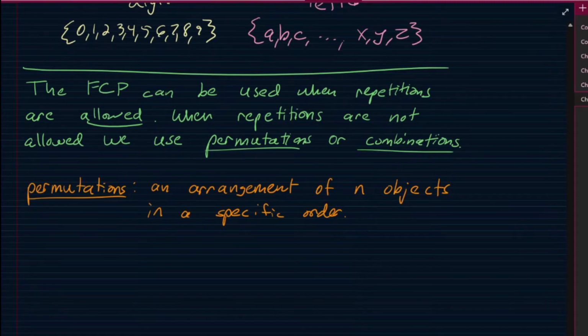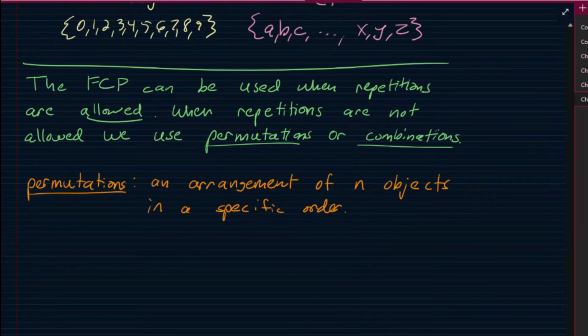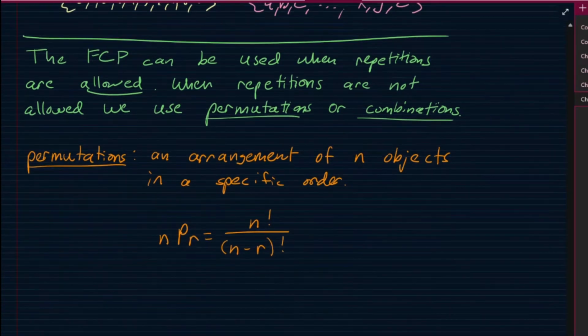And the formula for this is nPr is equal to n factorial over n minus r factorial. And of course, you've got to know what factorial is. And factorial, the definition is it's the number times 1 minus that number times 2 minus that number all the way down to 1.